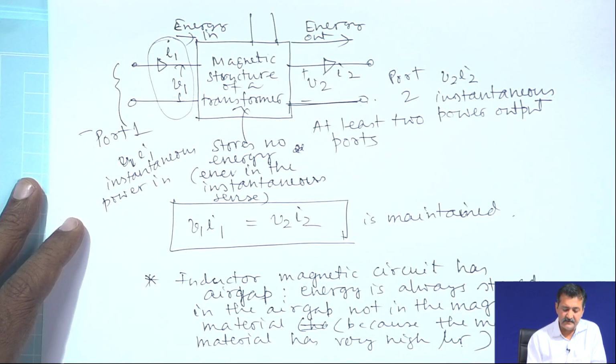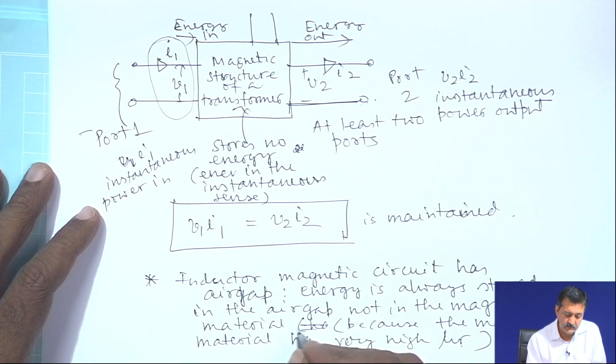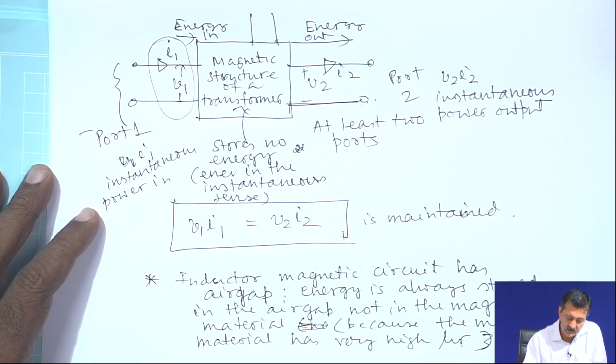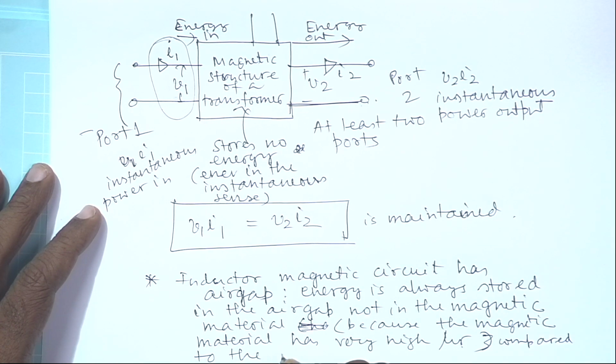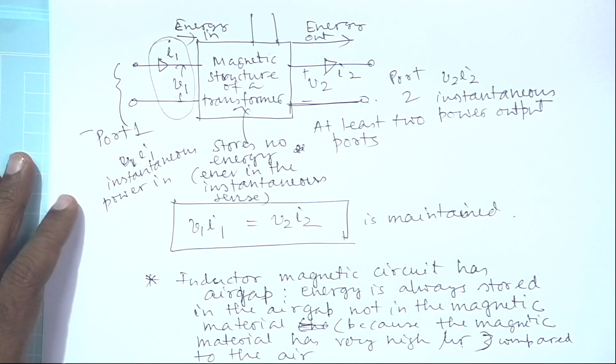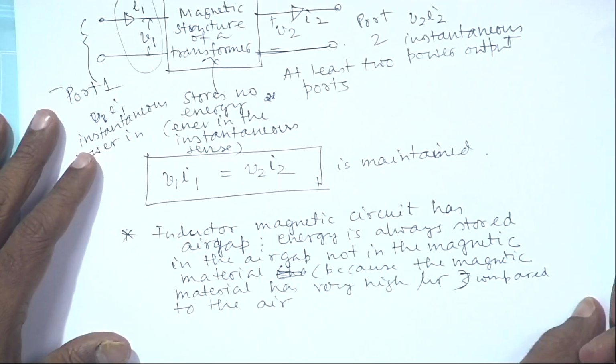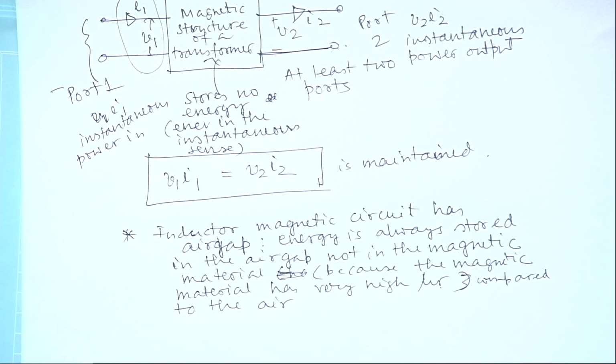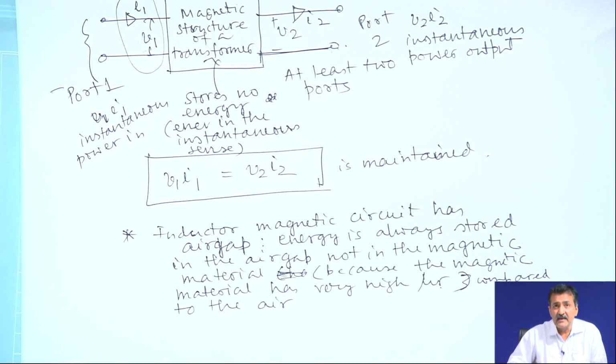Mu r is the relative permeability, very high compared to the air. So, the inductor magnetic circuit has an air gap. Energy is always stored in the air gap, not in the magnetic material, because the magnetic material has very high mu r.